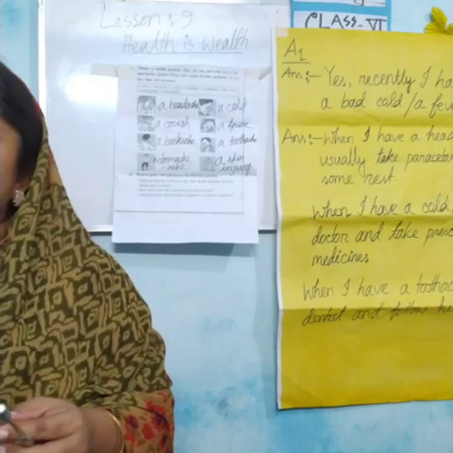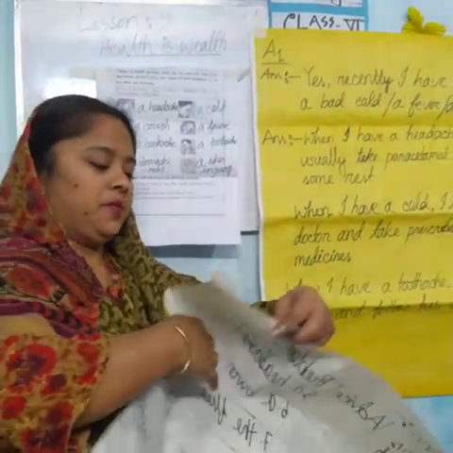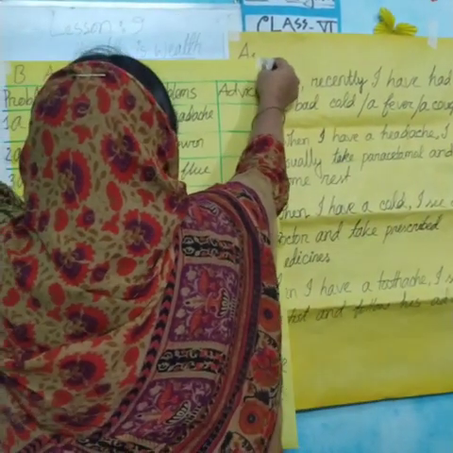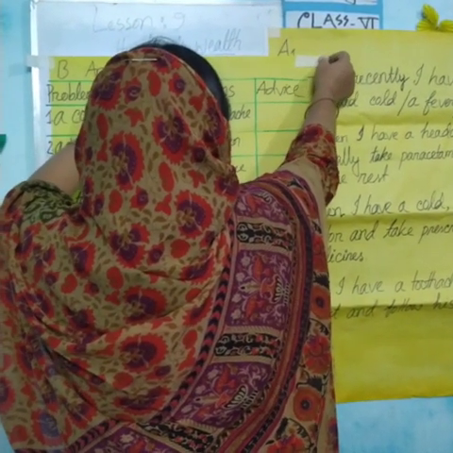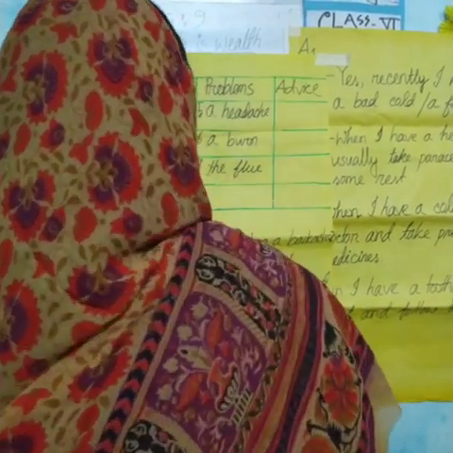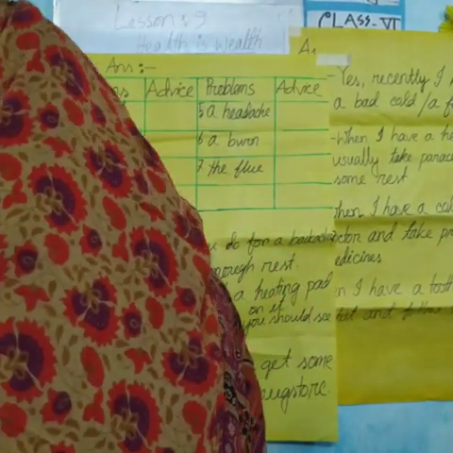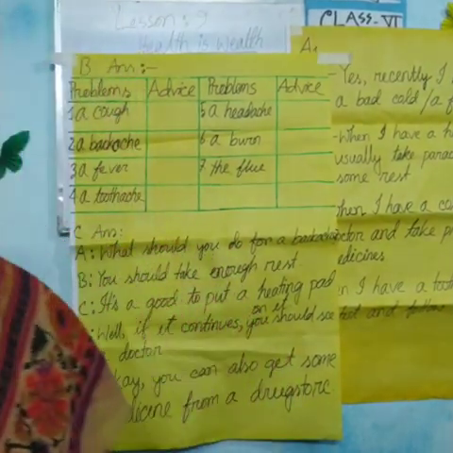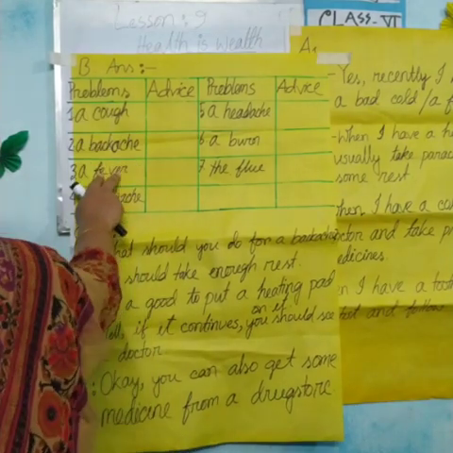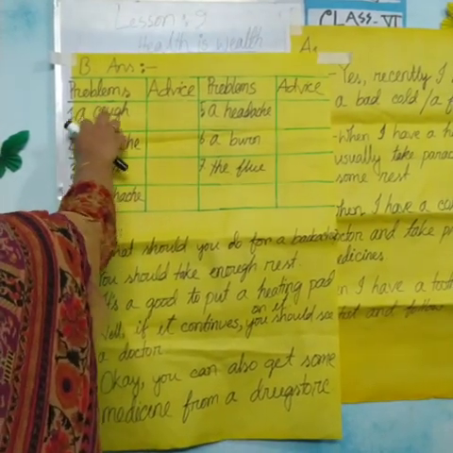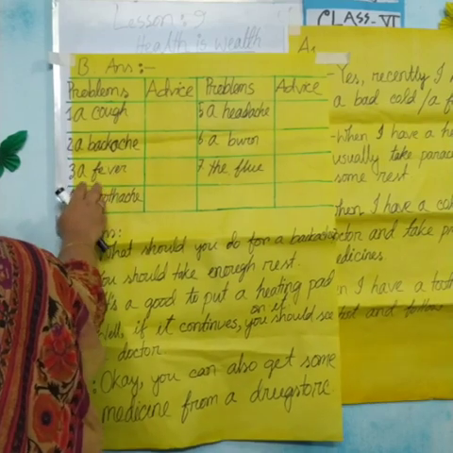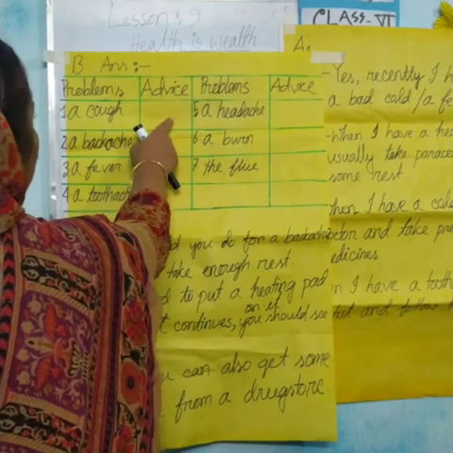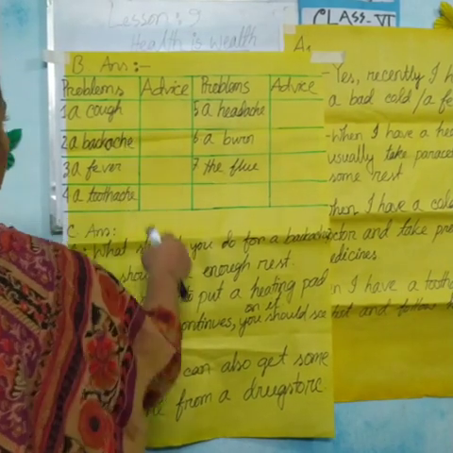Let's do activity B. In the column, I have written the names of problems, and I have to write the number of advices in this place.